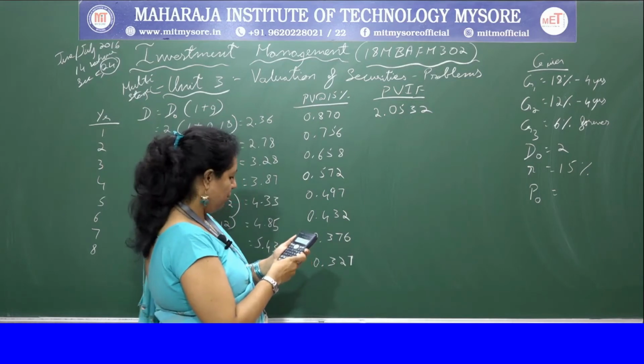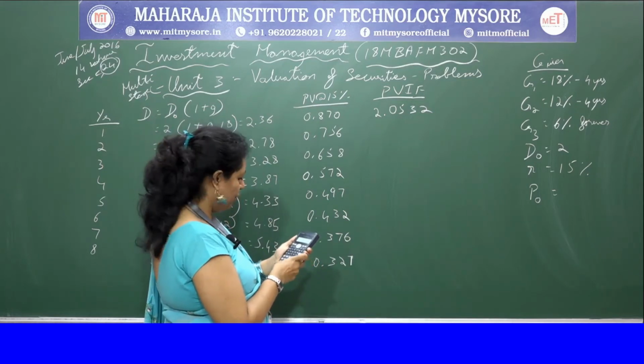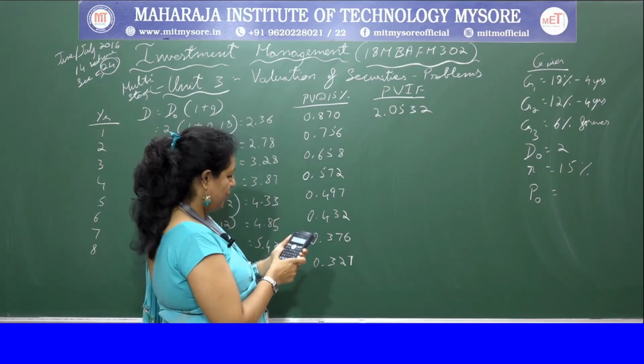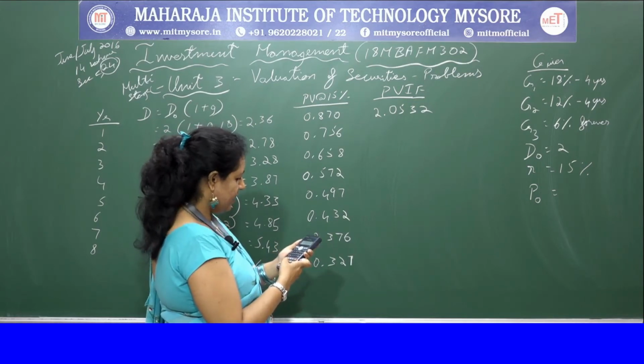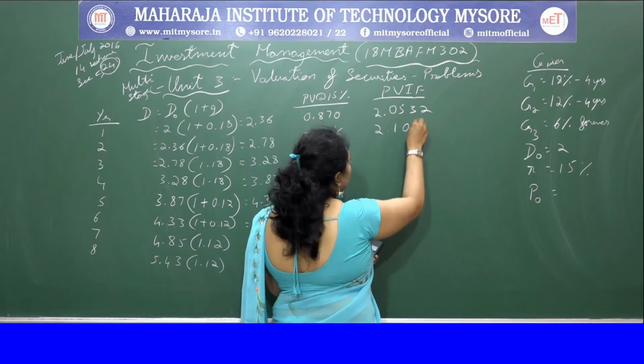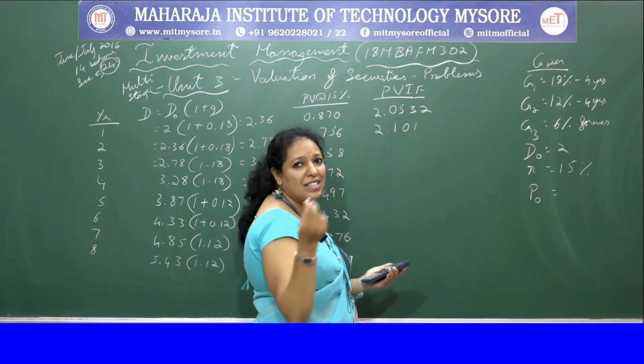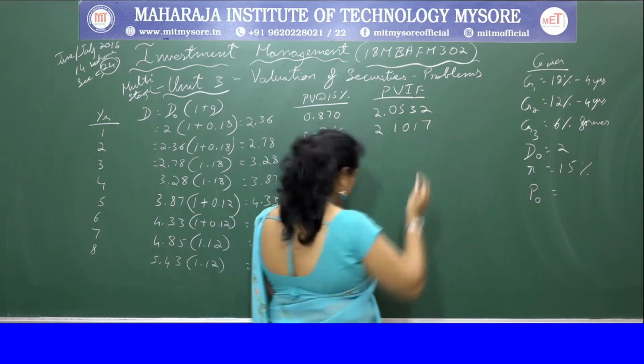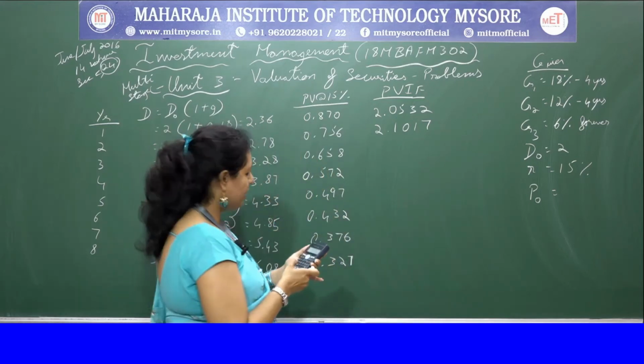Then 2.78 into 0.756, you get 2.101, you can take 2.1017. I'll hold it to the next number.